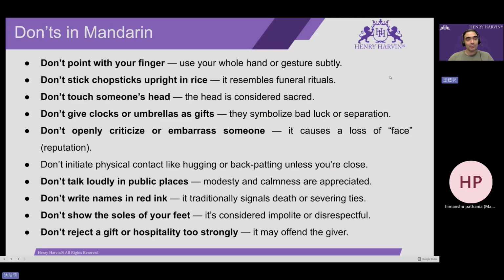Then we have: don't openly criticize or embarrass someone. This is a very important point that we have already discussed several times before, even in our previous slides. It causes a loss of face or reputation in Chinese society. So it is not considered polite or nice, especially direct confrontation.